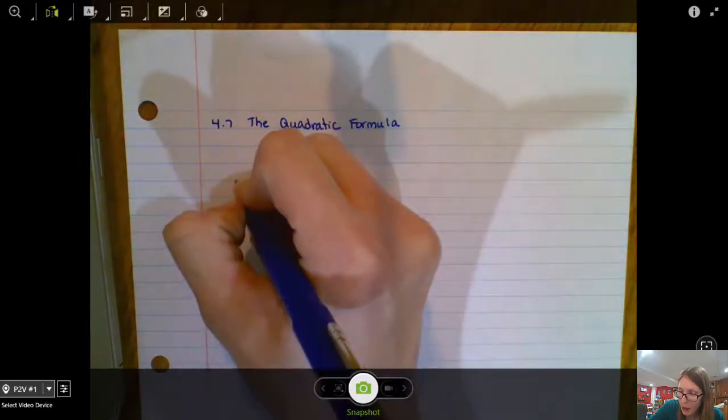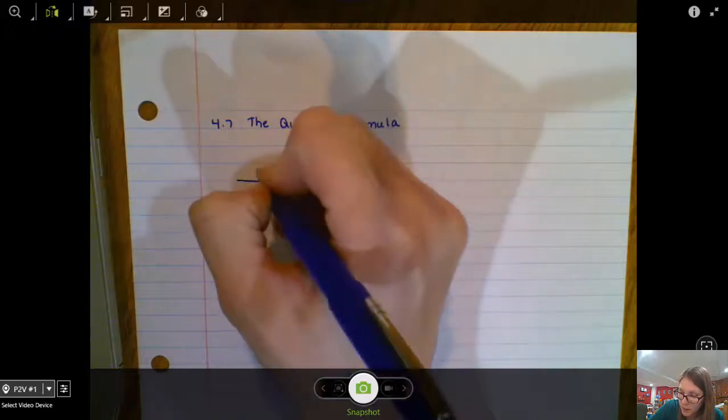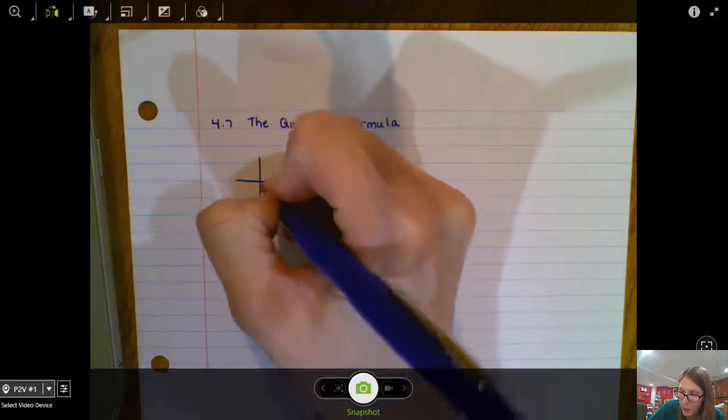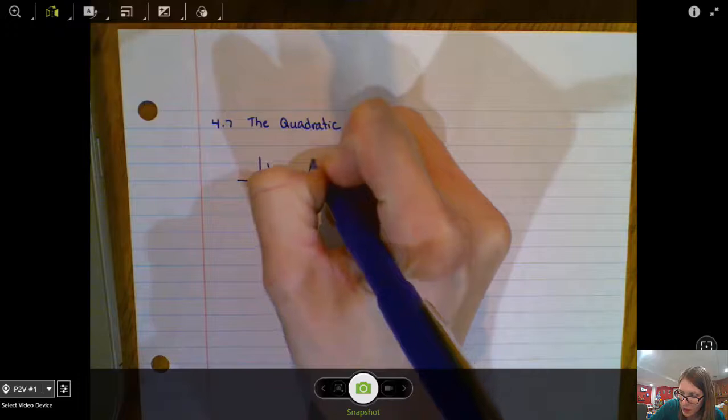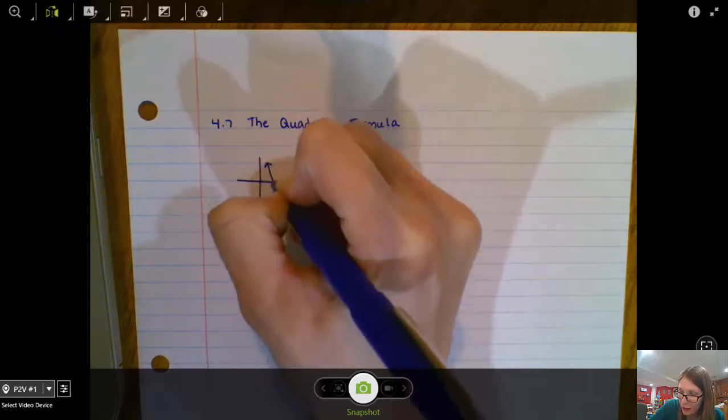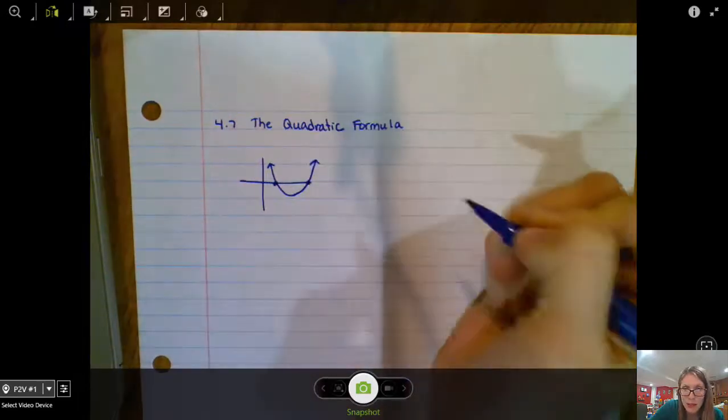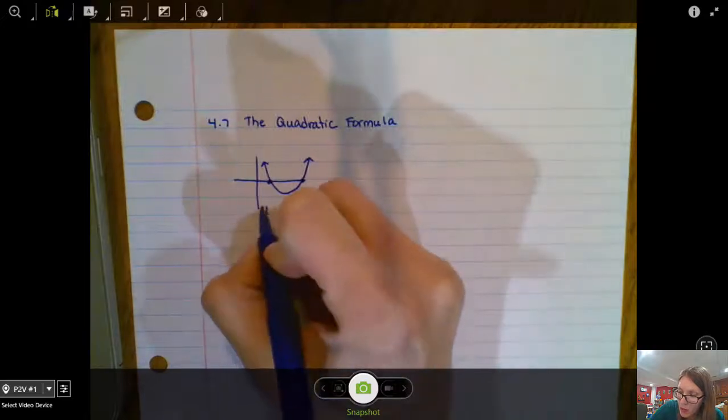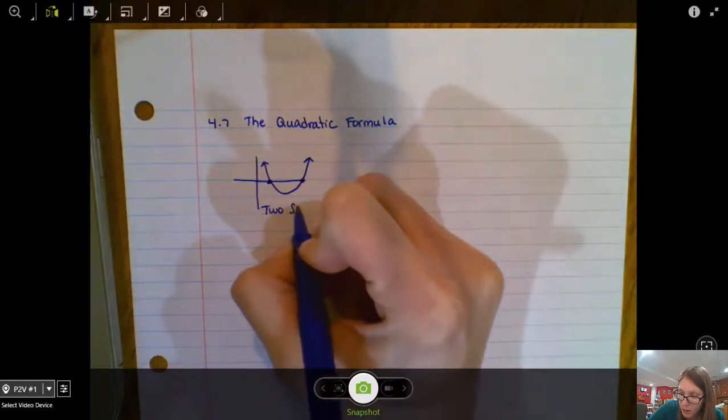If I have a quadratic function, I could have a parabola that does something like this, where I have two x-intercepts, which means I would have two solutions to my equation.